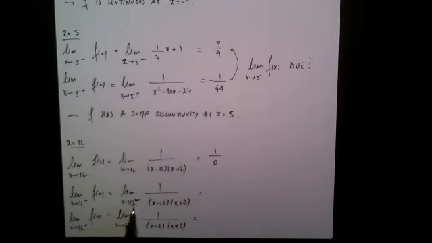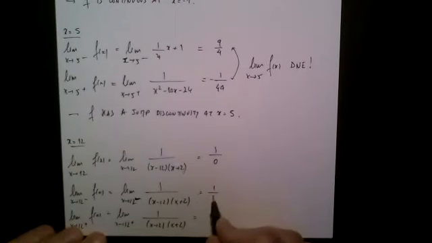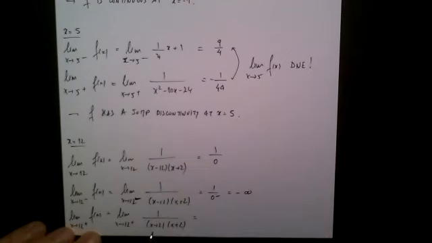To the left of 12, this is always positive, that's not a problem. This other factor is going to be a negative number. And so I'm going to get like 1 over 0 minus, so I'm going to get negative infinity. And from the right side, positive, so 1 over 0 plus will be positive infinity.